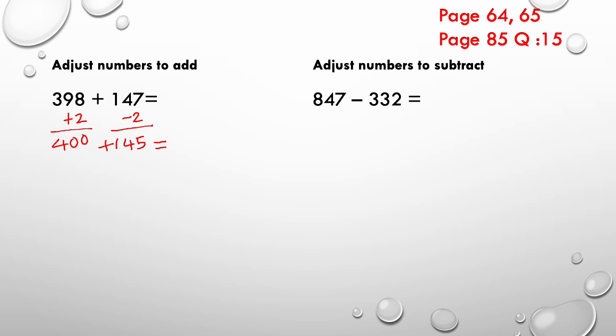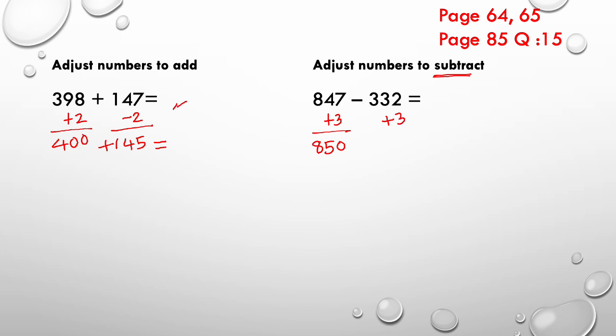But when the question is subtraction, adjusting numbers to subtract, the difference is, look at this one, 847 is very close to 850. So if you add 3, you will get 850 here. Now since this is minus, if you are adding a number to the first number, you should add to the second here also. There is a difference.